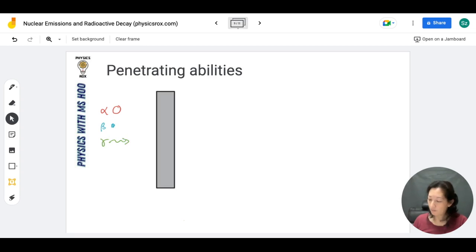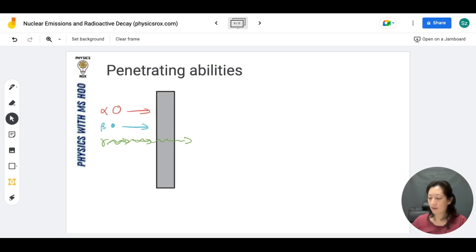So if all of them were to approach the same obstacle, think about it. Obviously, because gamma doesn't have any particles, it's able to more easily pass through objects.